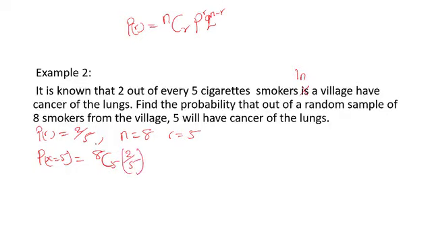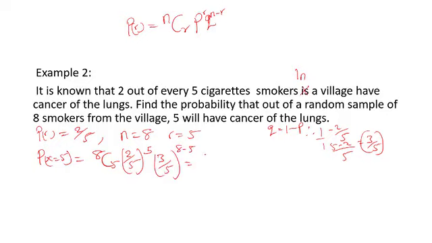But before we solve, what is our Q? Remember that Q is equal to 1 minus P, so it is 1 minus 2 over 5. You have your LCM here, 5 minus 2, which is 3 over 5. So our value for Q is 3 over 5. So P raised to power 5, which is our value for R, then our Q, which is 3 over 5, raised to the power 8 minus 5.